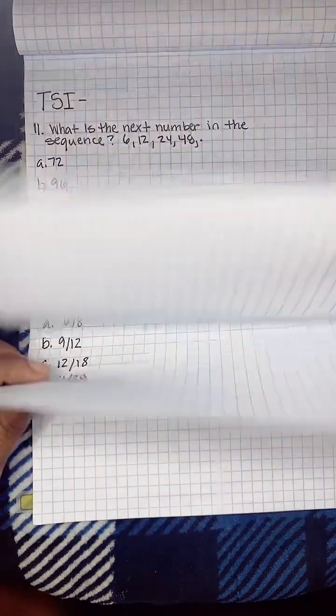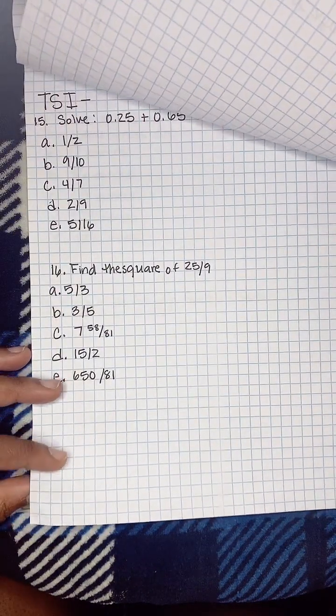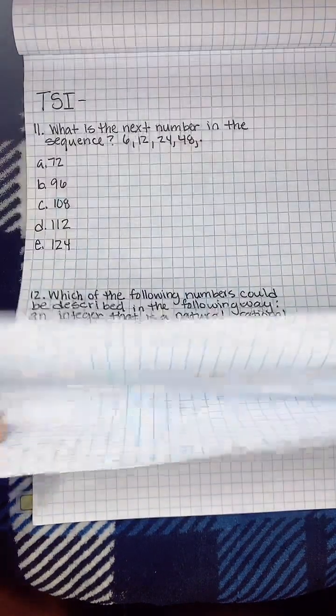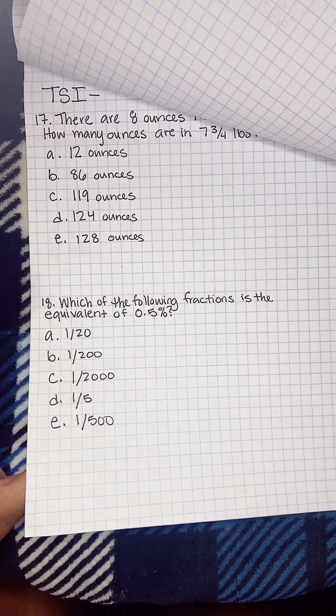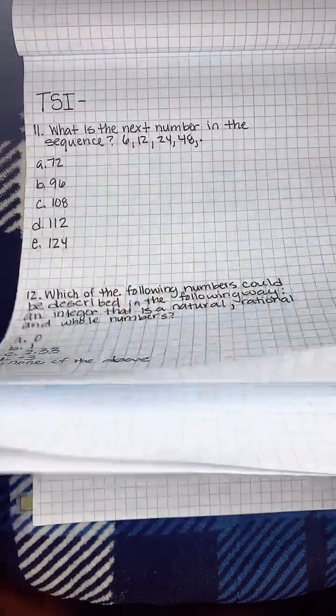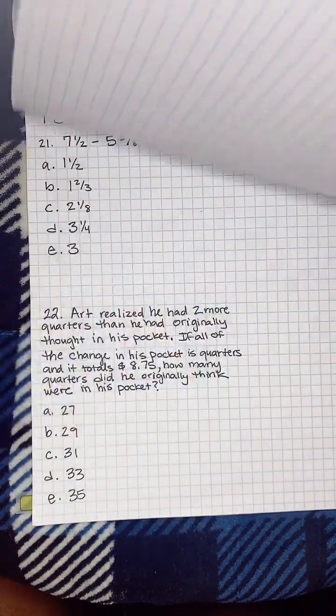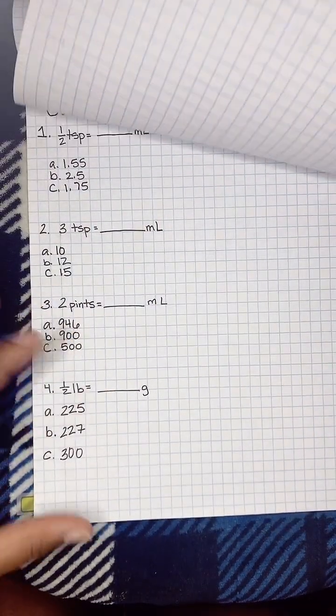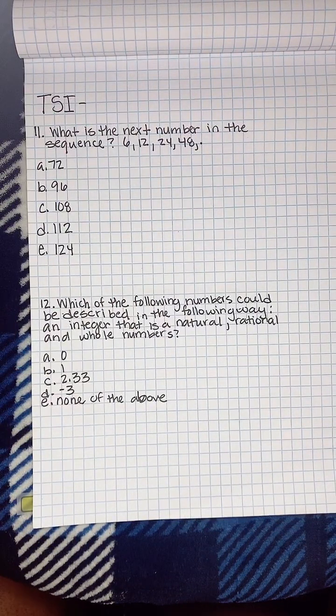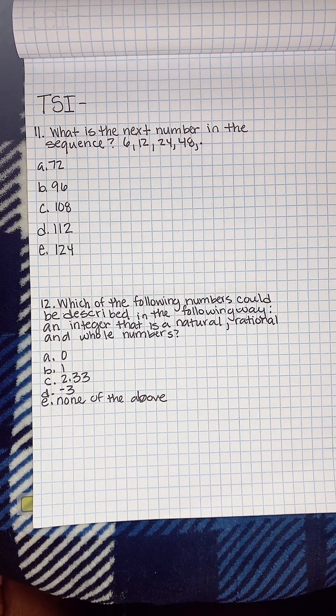I got some fractions coming up, adding some decimals, some ounces, pounds. That's different. That's for my HESI people. Oh, thank you, Mariah. What am I reading? Maria, thank you.